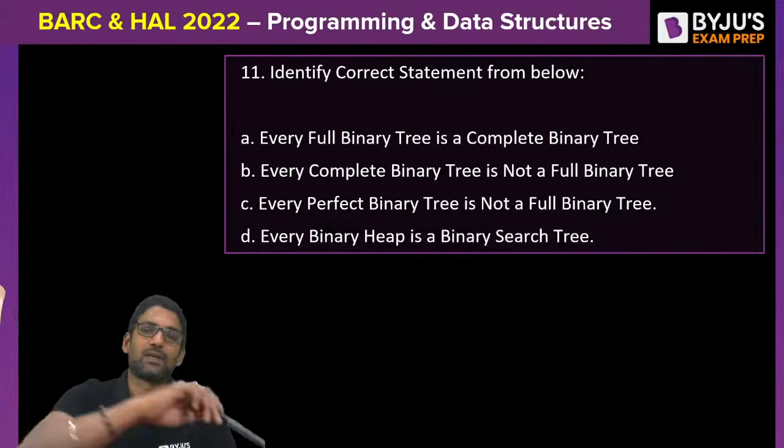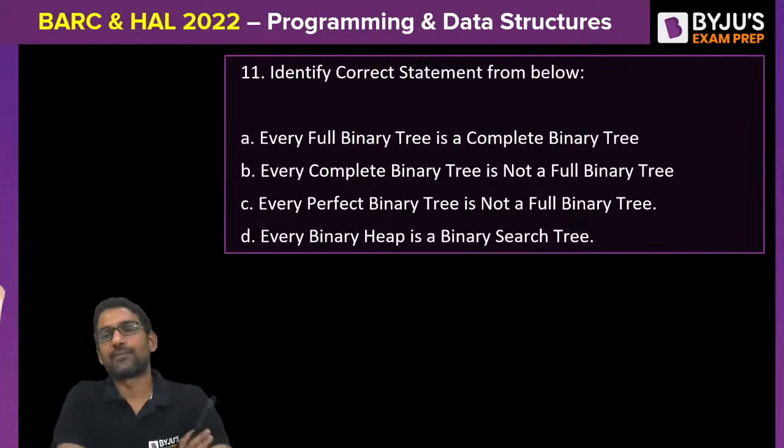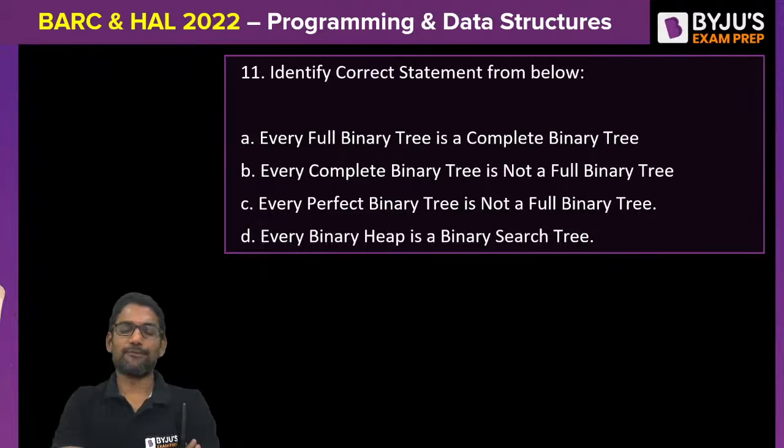Okay. Next question, guys. Identify the correct statement from below. Every full binary tree is a complete binary tree. Every complete binary tree is not a full binary tree. Every perfect binary tree is not a full binary tree.